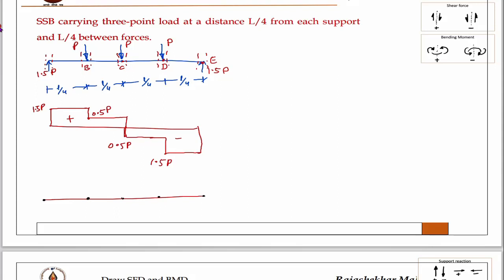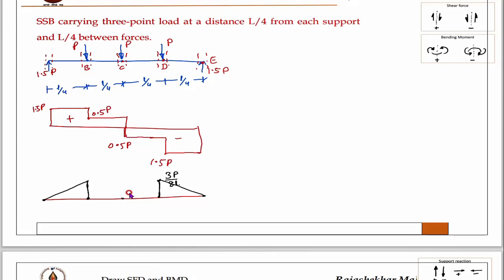Therefore 1.5 by 4 is 3 by 8. Here you will get the bending moment diagram 3PL by 8. Right. The same way symmetry is there, therefore here also you will get the same thing.